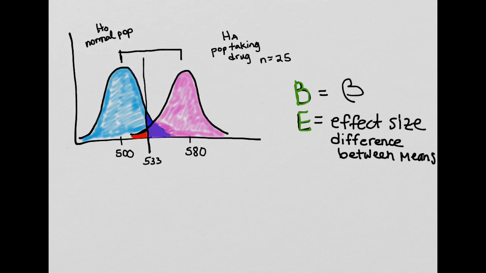And officially, the effect size is often written as D for difference, between mean 1 and mean 2, the 2 different means of the 2 distributions, divided by the sigma, or standard deviation.